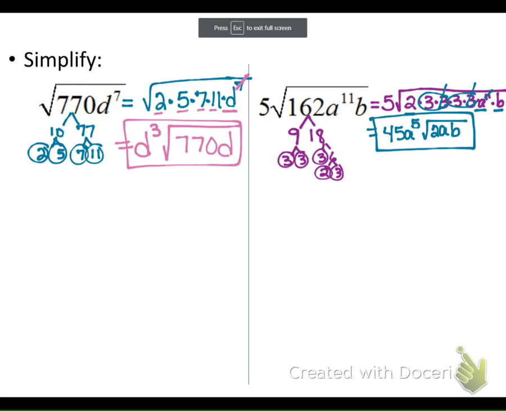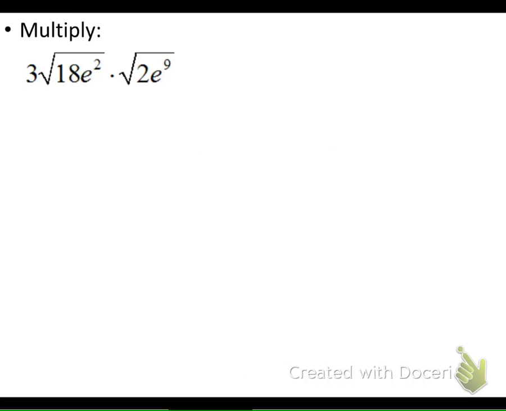Okay, once you get that, go ahead and flip your page over. On the back side, you have where you're multiplying square roots with variables. So when you multiply square roots with variables, you're going to follow the multiplication rules. First thing I do when I multiply square roots, I multiply together my coefficients.